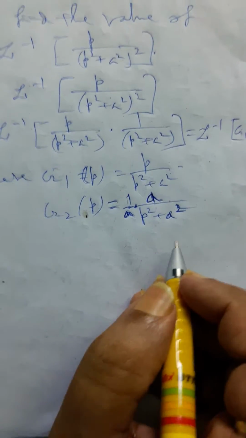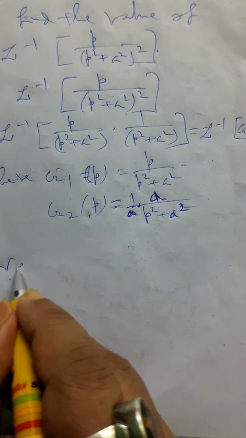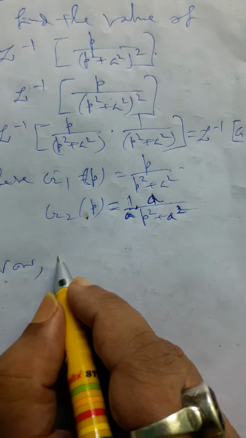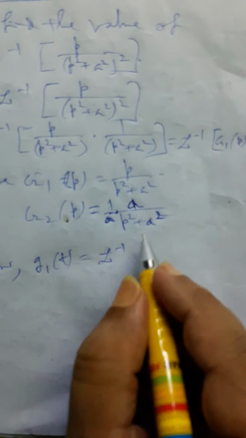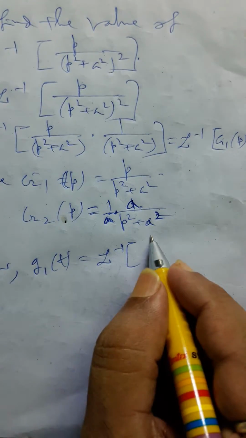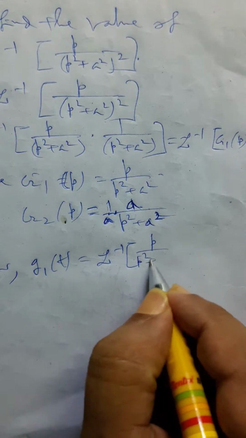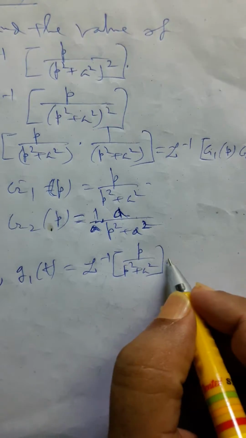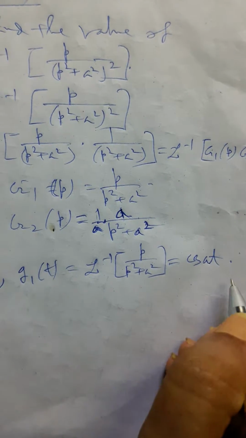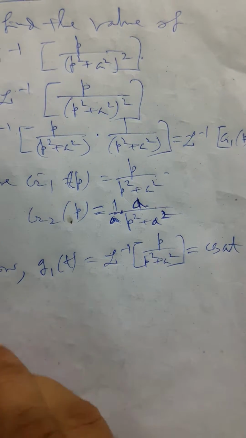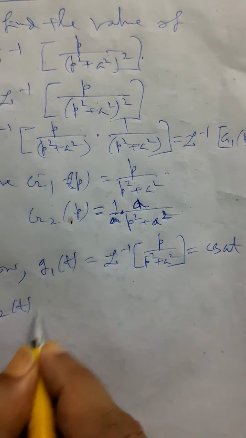Now let us proceed. g1(t) will be L inverse of p by p square plus a square. It's clear, so it will be cos of at, no problem for that. Now for g2(t), what will we have?